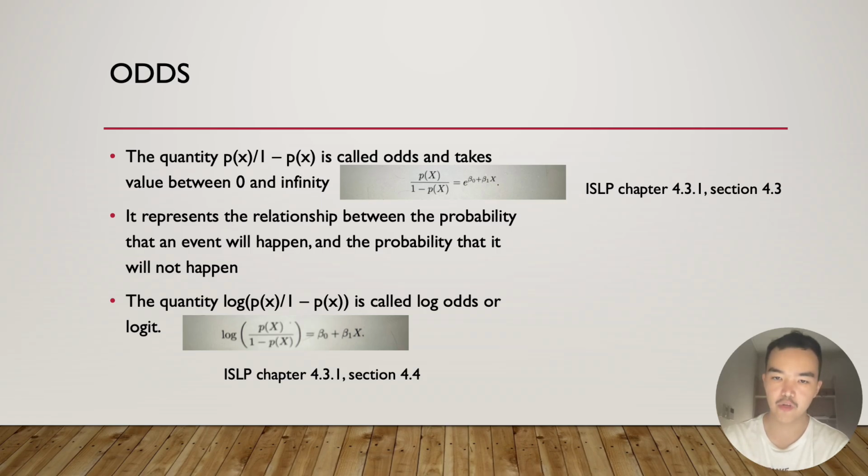It gives a value between 0 and infinity. The last piece of the odds concept is the log odds, or logit, which is the logarithm of the ratio p(x) over 1 minus p(x).